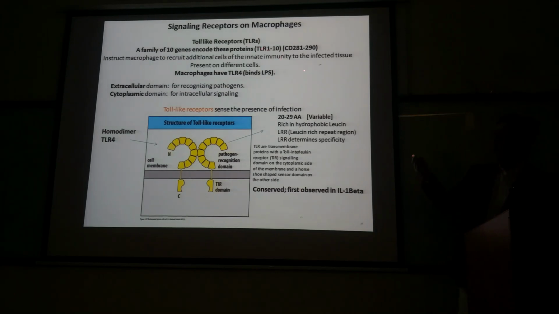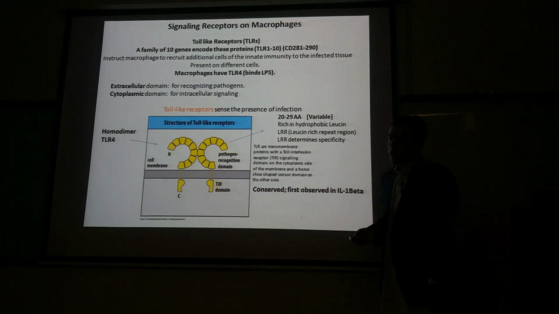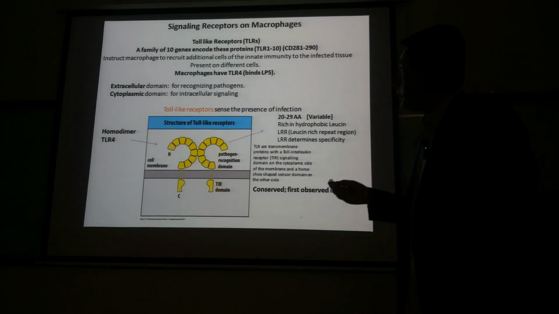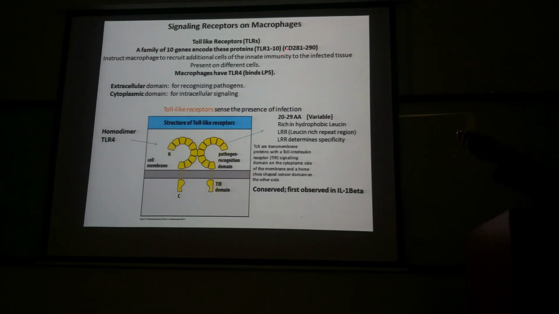These are 10 different types of Toll-like receptors, TLR1 to 10. Or you can call them CD281 for TLR1, and TLR10 would be CD290. Okay, so it's a family of 10 different genes that are coding different types of receptor proteins.